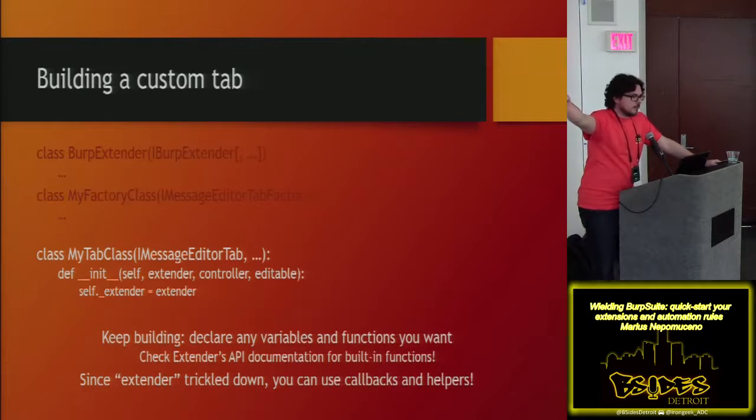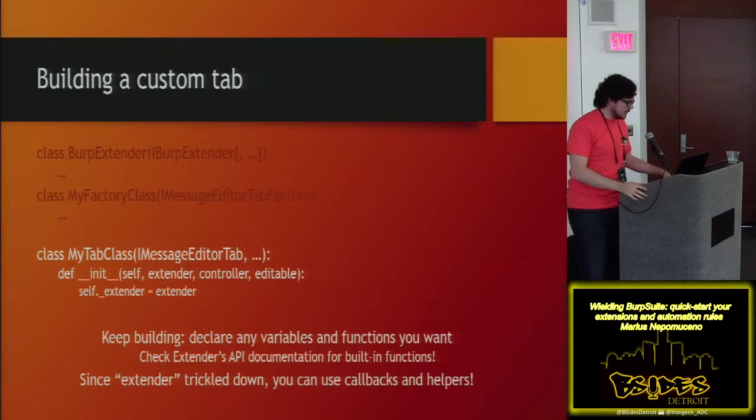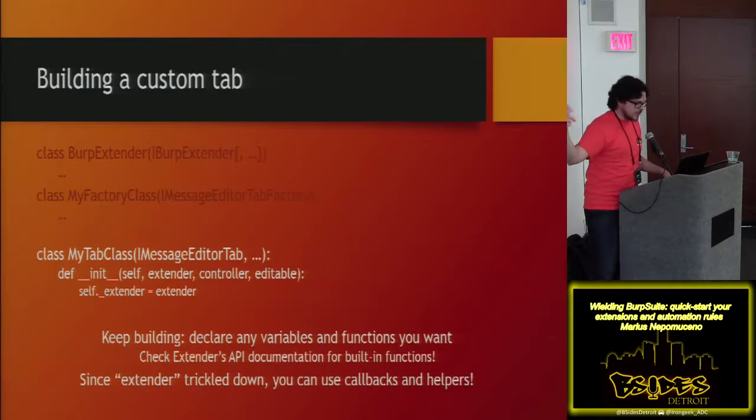That extender variable is my top-level class, BurpExtender. If you remember, that class had the self.helpers and self.callbacks that we declared. Those trickle down with the extender class as well. So you can use your callbacks and helpers all the way down into your individual specialized classes. In this case, you do extender.callbacks or extender.helpers.